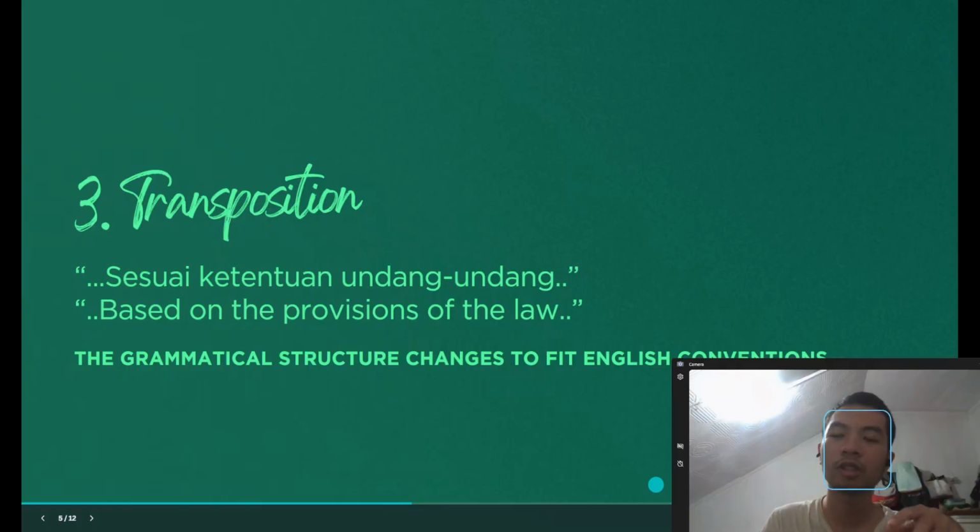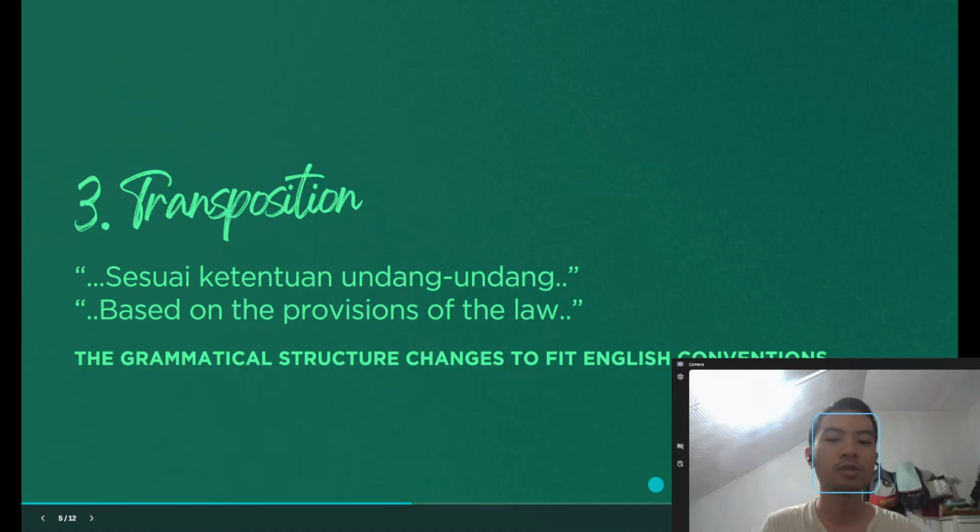I choose transposition, which means changing the grammatical structure from the source language to fit the target language, because different languages have different grammatical structures or patterns. The message remains the same, but the sentence structure becomes more natural in English.